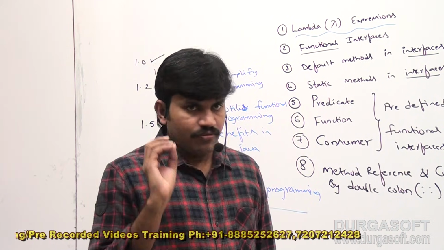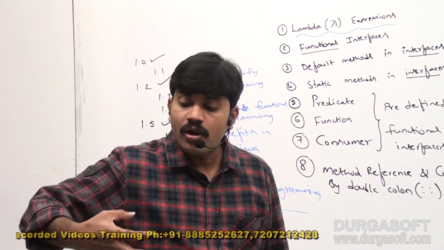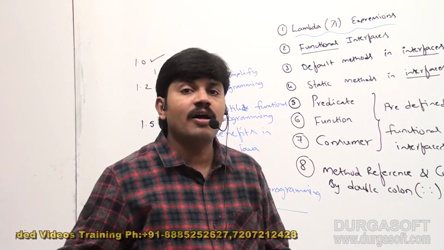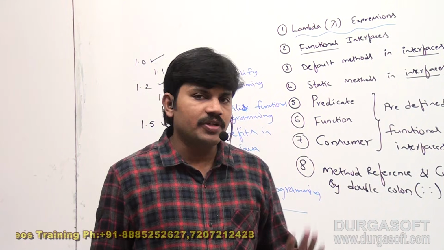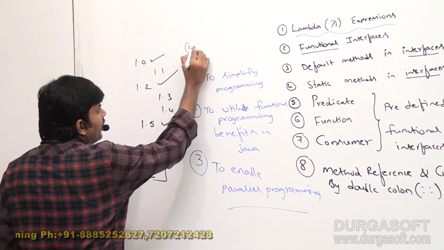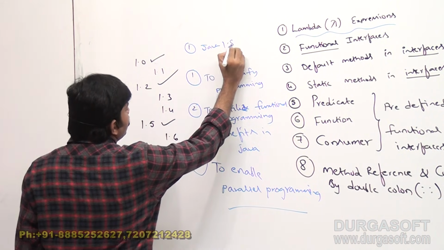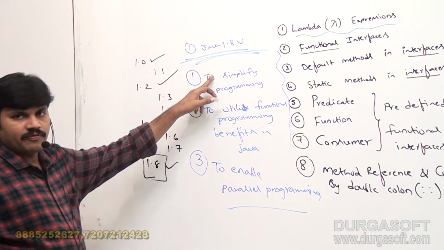So what various new features are there in Java? And before that, what is the main intention of the Java 1.8 version? Remember, the main important intentions of Java 1.8, what are its objectives, right? To simplify programming.